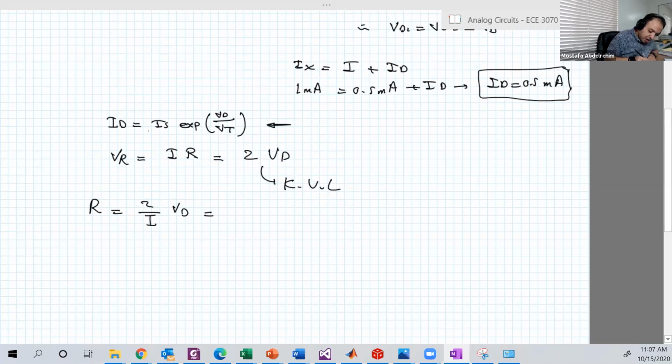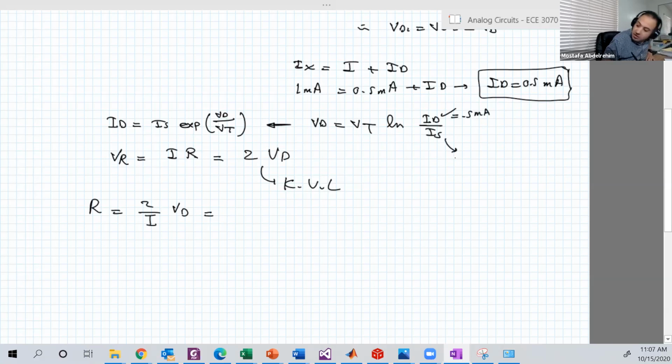You can divide by IS, and then take the ln of both sides. So VD is equal to VT ln of ID over IS. And do you know ID is equal to 0.5 milliamperes?